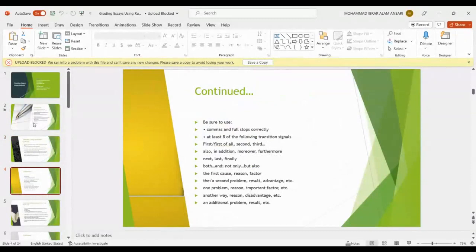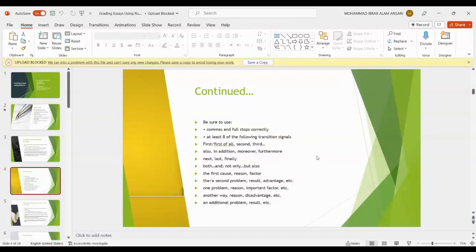It continues further. The other things that students need to keep in mind, and we also need to look at while grading the papers, like whether they have used commas and full stops correctly, whether they have used the number of transition signals.